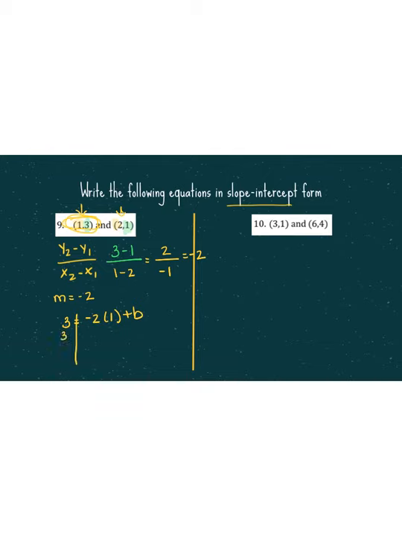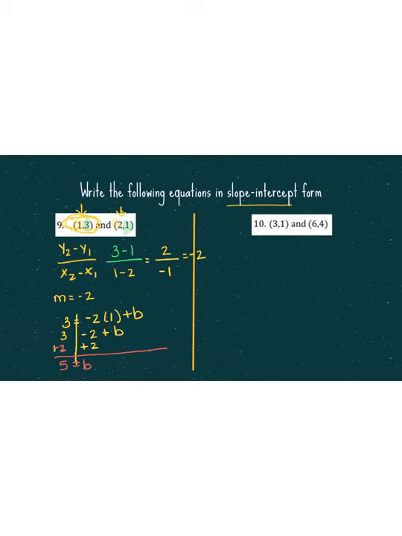Okay, 3 stays the same. -2 times 1 is going to give me a -2 plus b. To get rid of that -2, I'm going to add 2 here, and add 2 on the left. Okay, 3 plus 2 is 5 equals b.